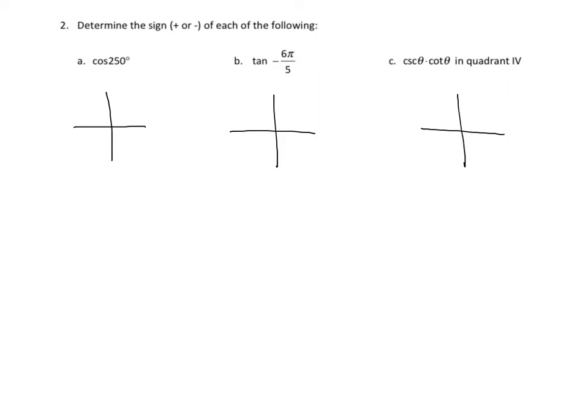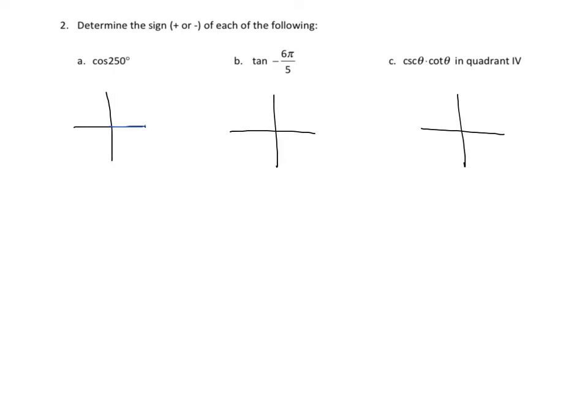The other part of level 1 is determining the signs of various trig functions based on the quadrants that they're in. If we wanted to find the cosine of 250 degrees, first I need to figure out which quadrant 250 degrees would terminate in.